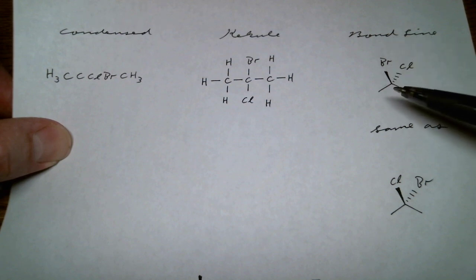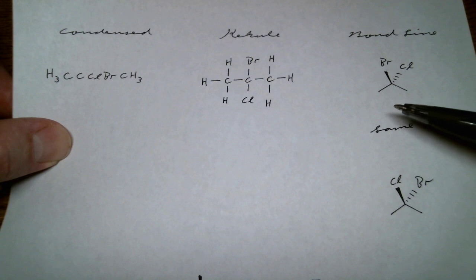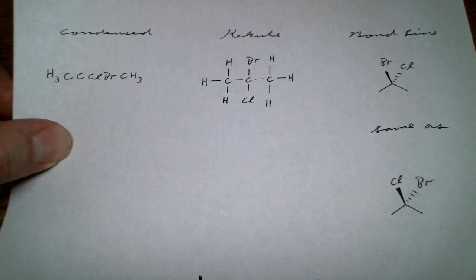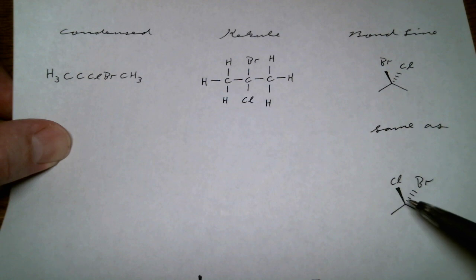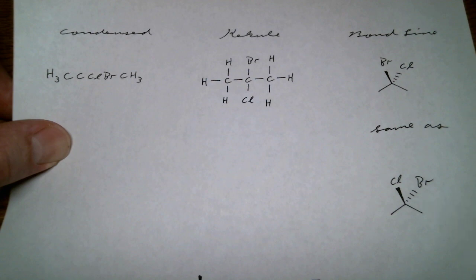We could draw an axis going straight through the middle carbon and then flip the molecule around 180 degrees. And if we did that, we'd still have the carbon backbone in the plane of the page, but now our chlorine atom would possess the wedged bond and our bromine would possess the dashed bond. And these are the same molecules. How do I know they're the same?